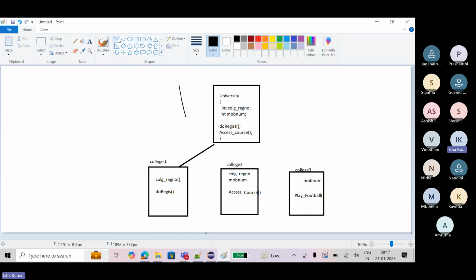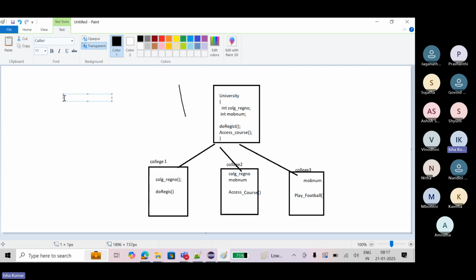inheritance is a process of acquiring commonly used behavior and properties from the parent.